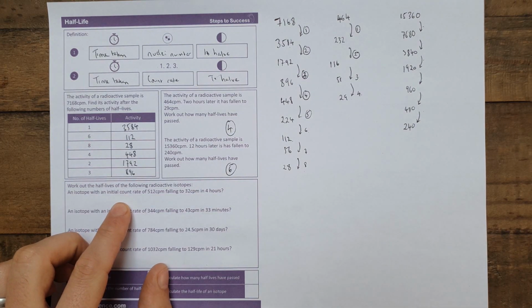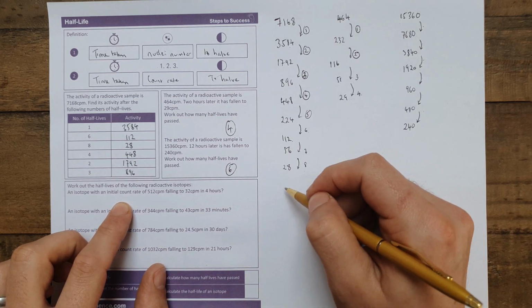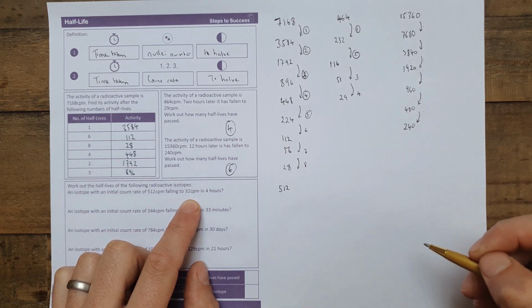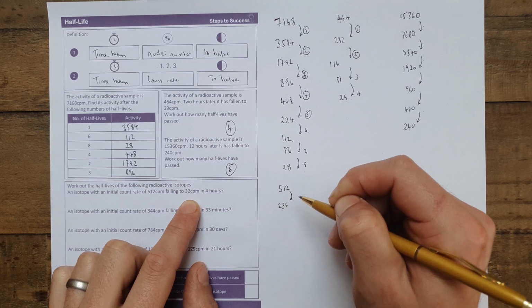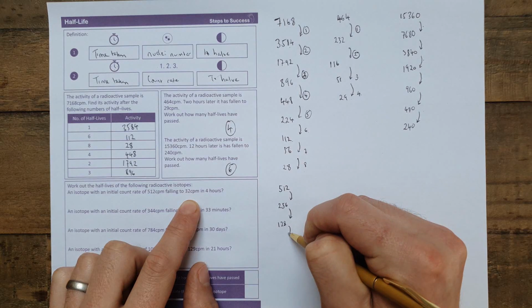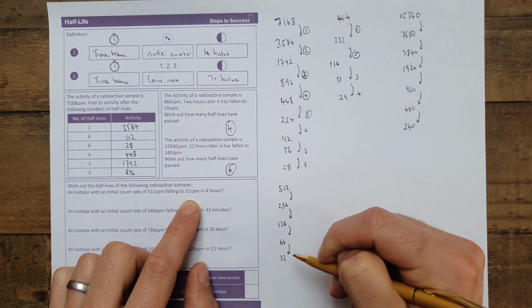In these examples here, we need to work out the actual time of the half-life. In this first example, we can see that it starts at 512 and it falls to 32 counts per minute in 4 hours. So after one half-life, we'd get 256. After our second half-life, 128, 64, and then finally 32.